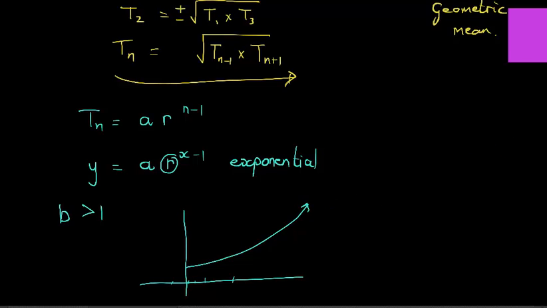While when we work with number patterns, n can only be these values, so it would look like this. Instead of being a continuous line, it would be these little dots, but they will fall on that same shape. We just wouldn't have the values in between.